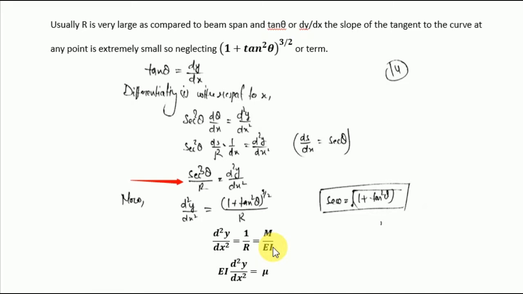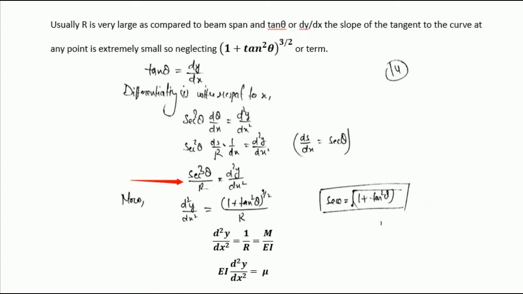So we have a relation for deflection of beam, which is a double differential equation or second degree differential equation, which is EI d2y upon dx2 is equal to mu or M. Here mu is denoted as a moment. Okay, then this equation is a double differential equation of moment for beams.